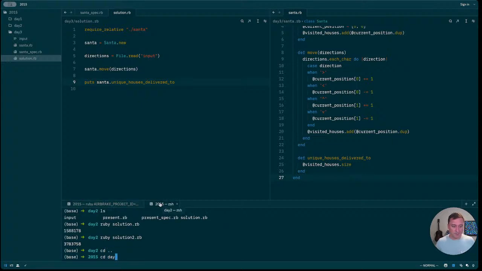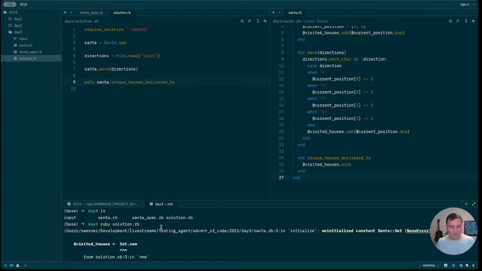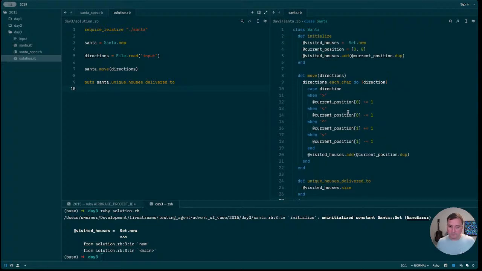Let's see, day 3, ruby solution.rb, uninitialized constant Santa set. That's interesting. Why would that be?